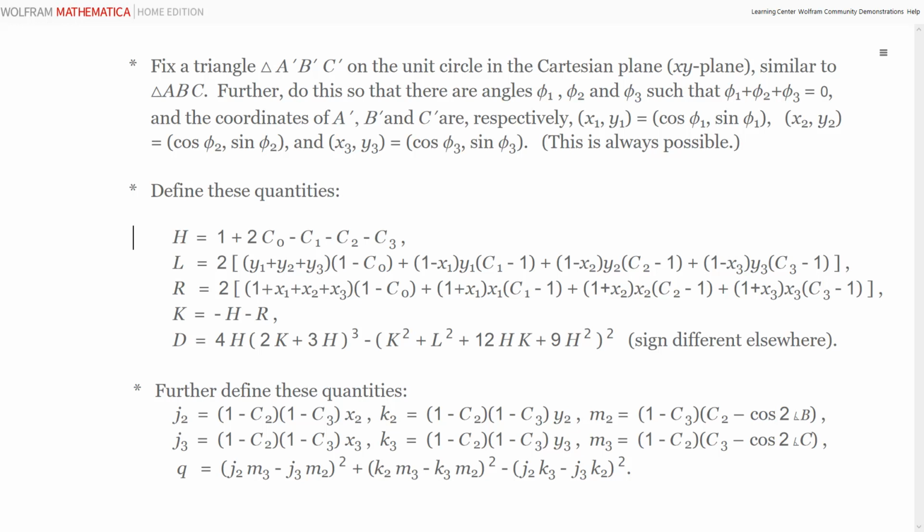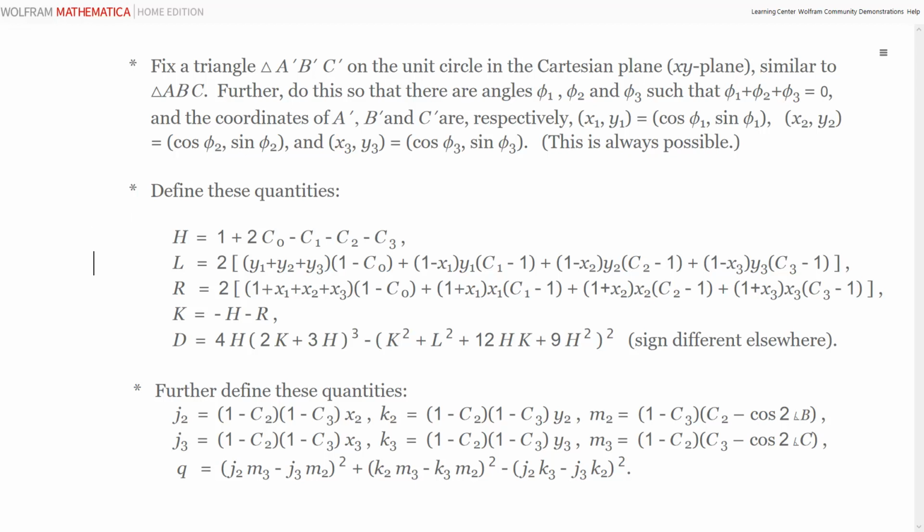Okay. Then on our road to defining capital D, we're going to define some other quantities. The first of which has a very geometric meaning, and I'm going to get to that in an upcoming slide. But for now, capital H is defined to be 1 plus 2 times capital C0 minus capital C1 minus capital C2 minus capital C3. Yeah?